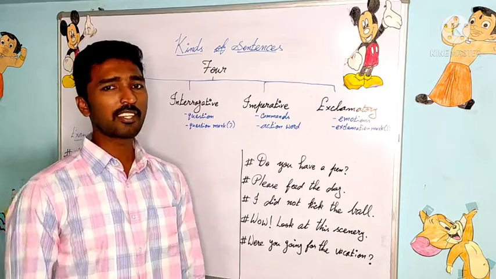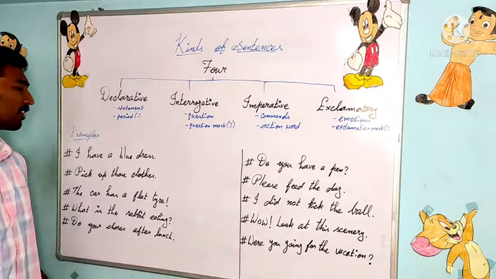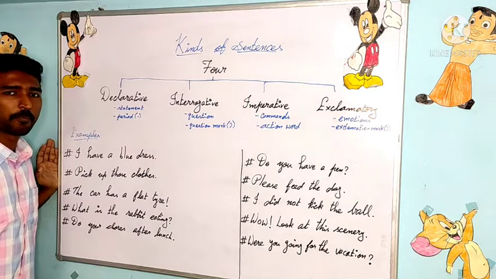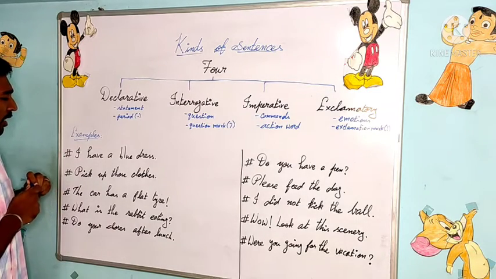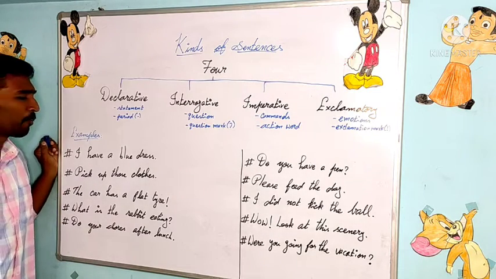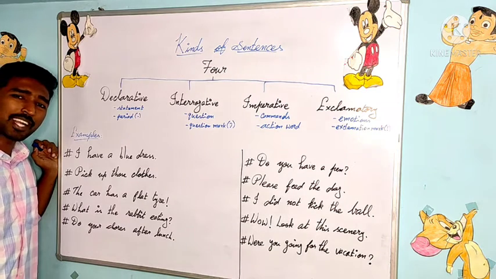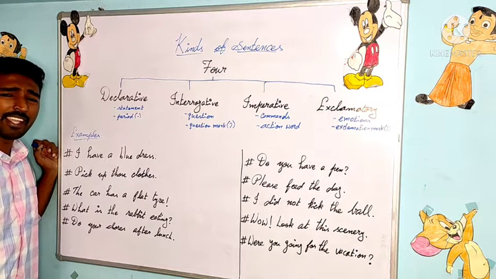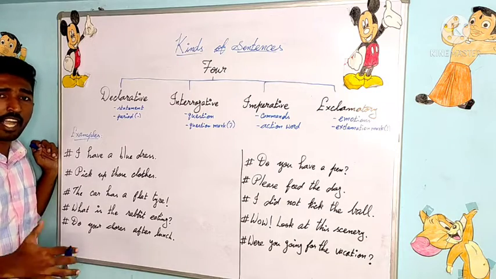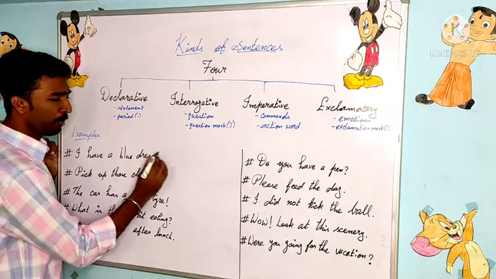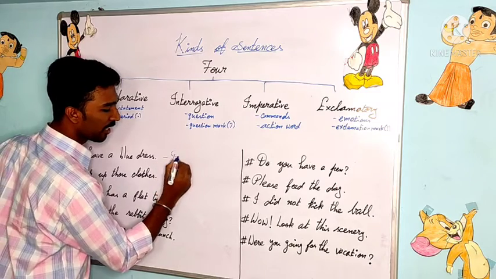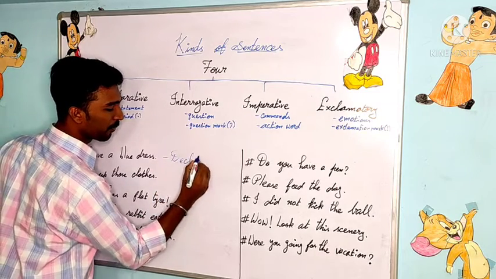Come on, let's learn it from the examples. The first one, I have a blue dress. What kind of sentence is it? It's information. They are giving some information.